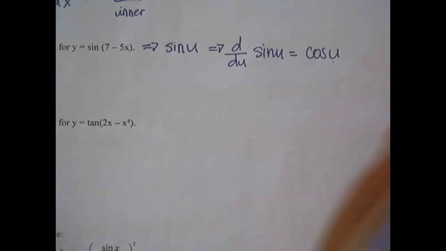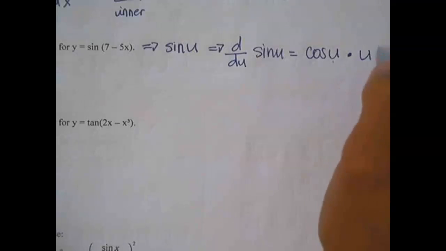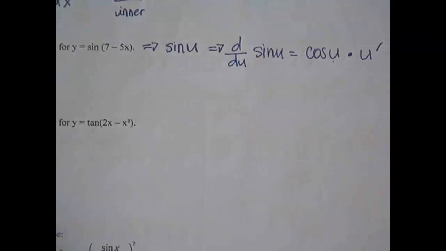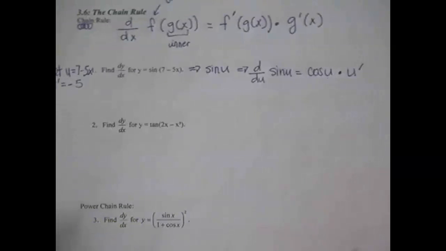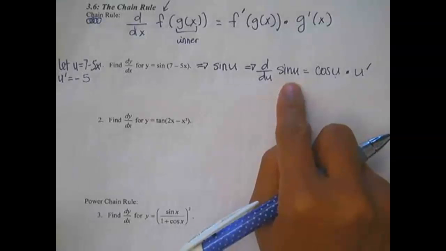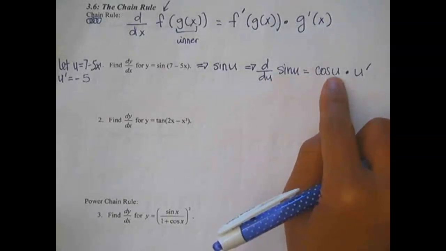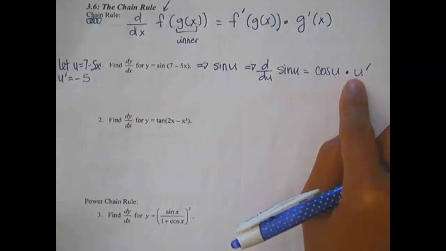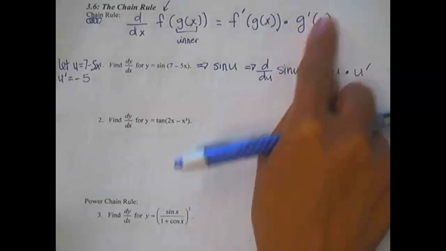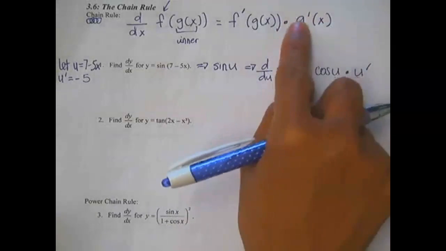But we don't know what u is, okay? So what we're going to do now is we're going to multiply by u prime. Okay, let me zoom it all back out. There you go. So the derivative with respect to u of sine of u is cosine u. But because we don't know what u is, we are now going to multiply by u prime. So this right here is the inner component prime, the derivative of the inner component.